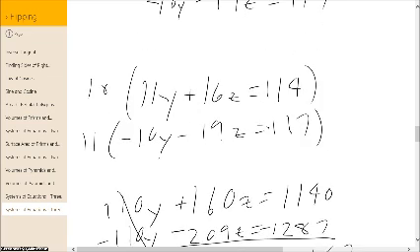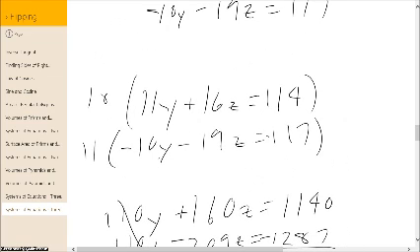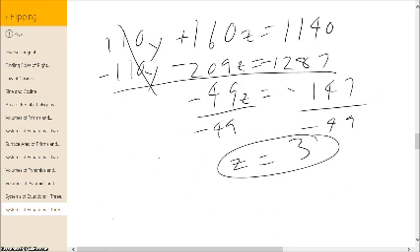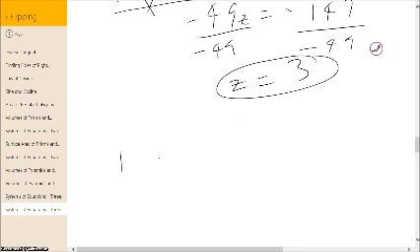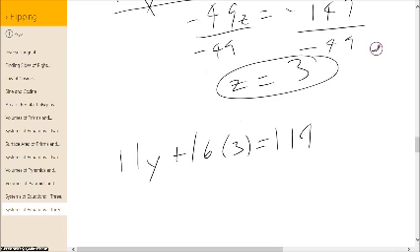We got z down, so we can go up to 11y plus 16z equals 114. Instead of putting z here, I'm going to put 3, because we just solved for z: 11y plus 16 times 3 equals 114.